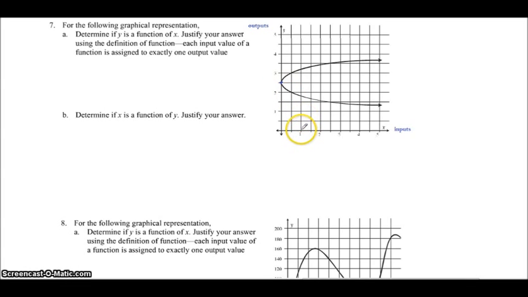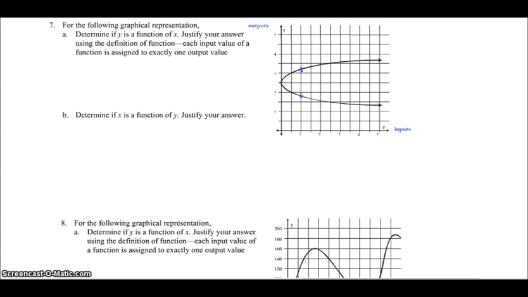But if we look at 1, if x is 1, what does y equal? It looks like y equals about 1.8, and also when x is 1, y could equal about 3.2. So in this case, do we have, for each input value, exactly one output value?